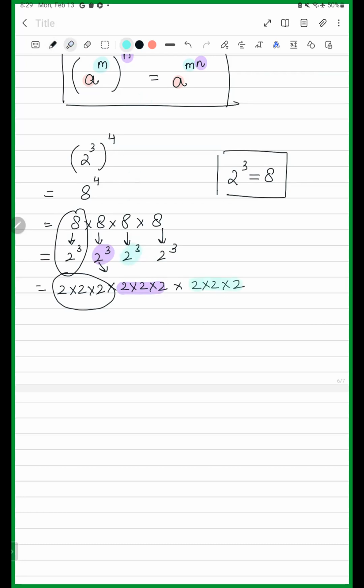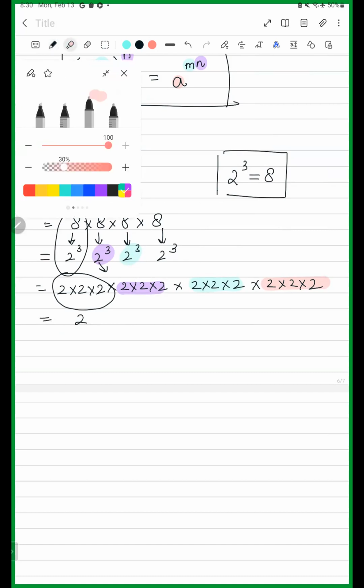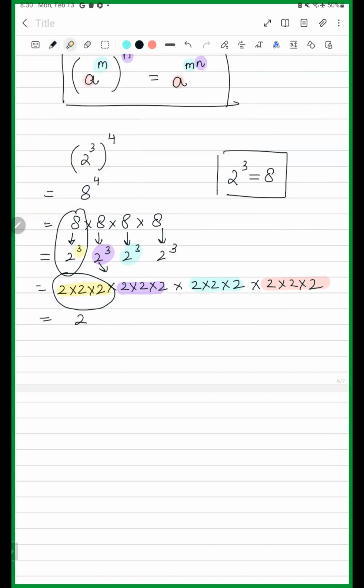And then the last one, 2 into 2 into 2. अब आप मुझे ये बताइए कि 2 की क्या पावर हो गई? 2 to the power 12. कैसे आया 12? We did 3 multiplied by 4. 3 4s are 12.